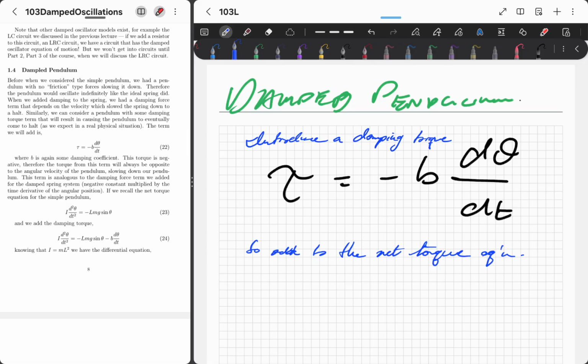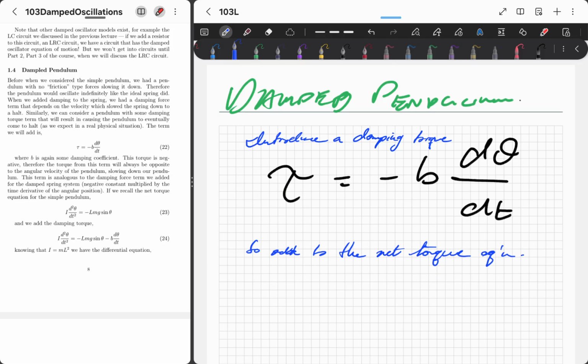Again, we have a negative torque, opposite to the angular velocity, which is going to slow down our pendulum. And in a very similar way to how we set up the damped spring model, we can go back to Newton's second law for rotation, add this damping term, and have a model for the real or damped pendulum.